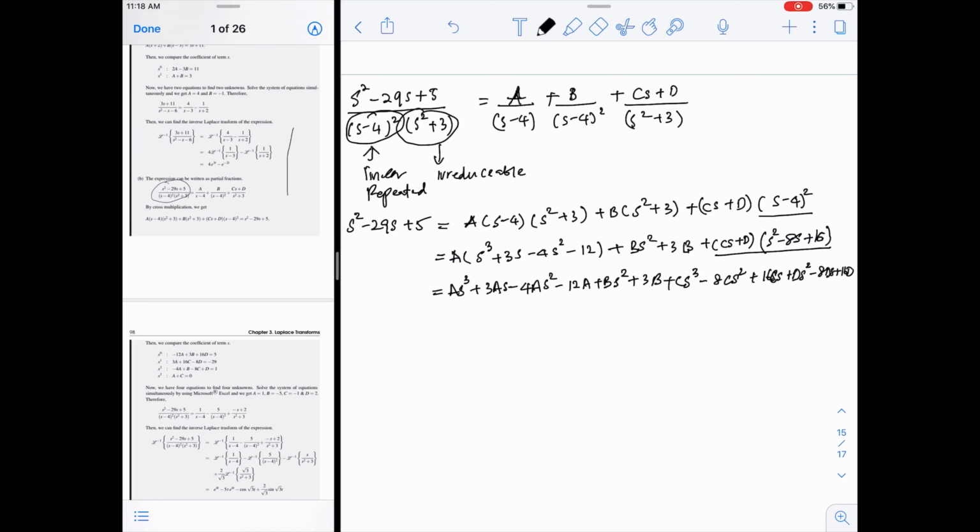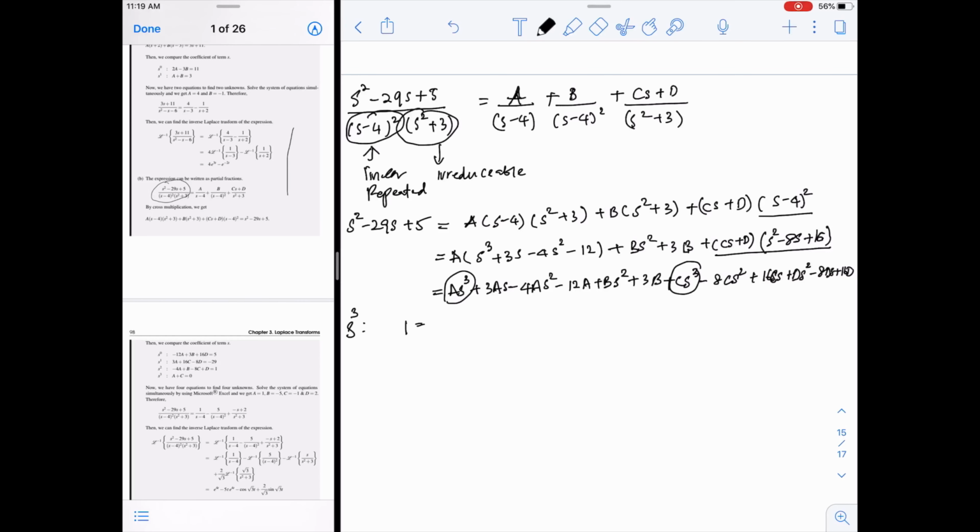Alright. Okay, so now please match with the left hand side. For this one, the matching might be easier. You just match the highest power first. So you have s to the power of 3, and the coefficient on the left hand side is 0, and you just take directly the coefficients having s to the power of 3.